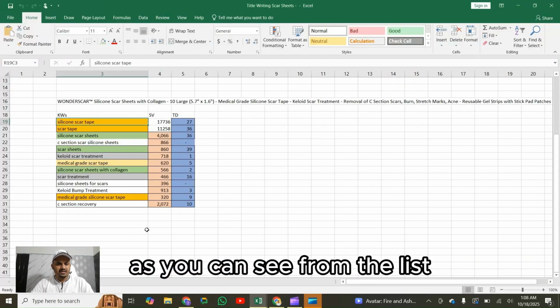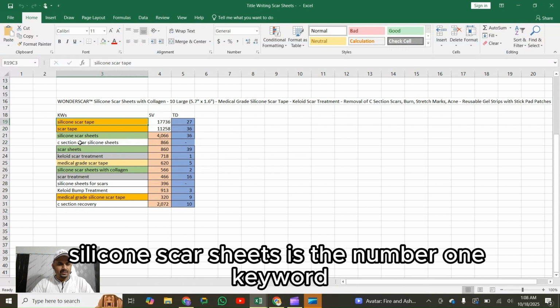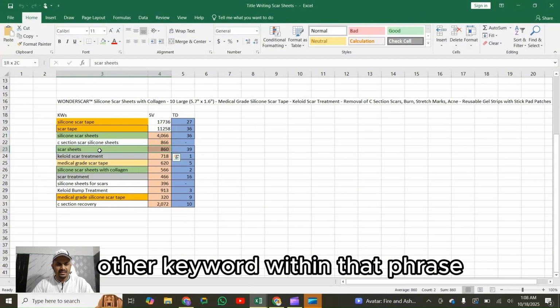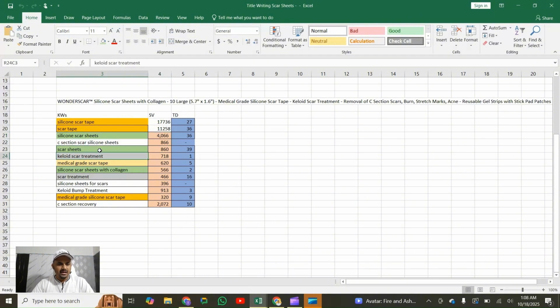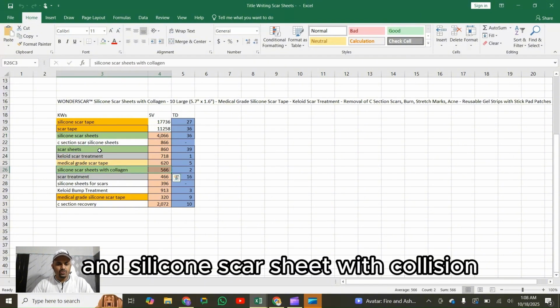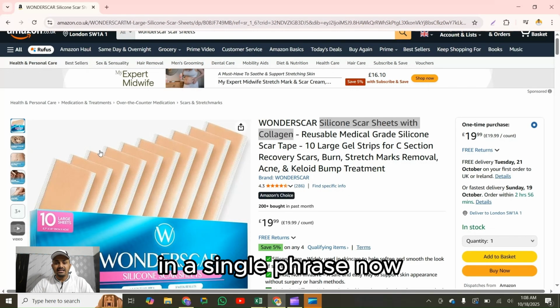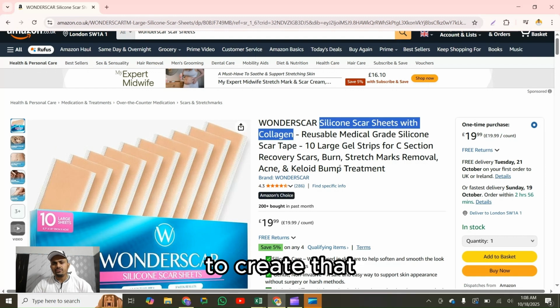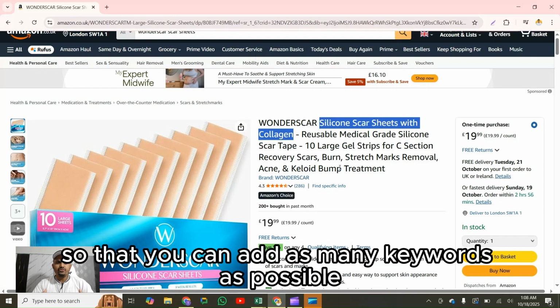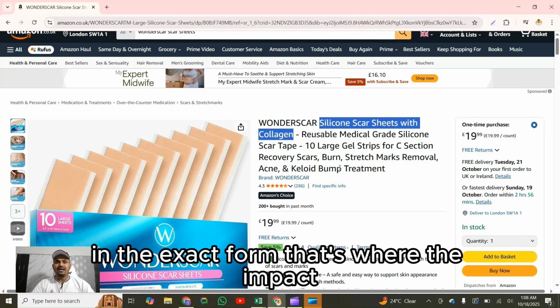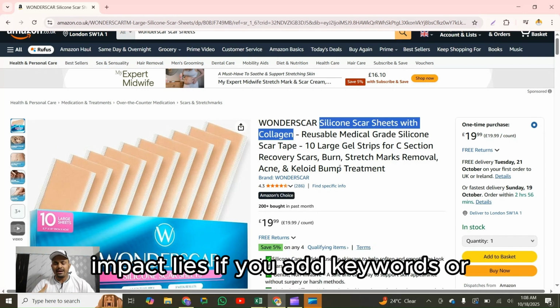As you can see from the list, silicon scar sheets is the number one keyword we have. Scar sheets is another keyword within that phrase, and silicon scar sheet with collagen is the third. Now these are the three keywords that we have in a single phrase. That's how you create it, so that you can add as many keywords as possible in the exact form. That's where the impact lies.